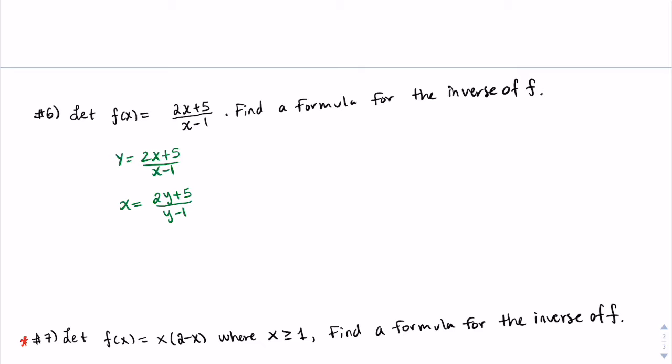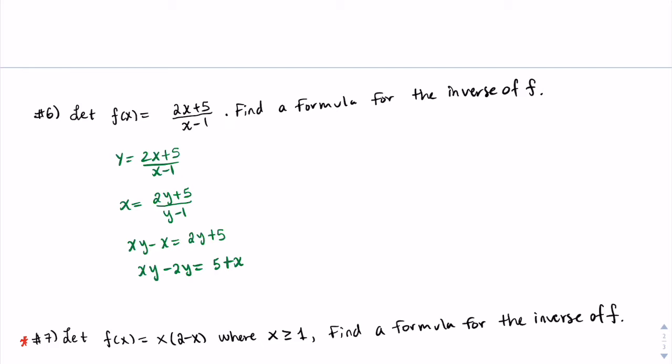Okay. So we cross multiply, and we're going to get xy minus x equals 2y plus 5, like this. And now our goal is to solve for the y variable. So if I subtract 2y on both sides and add x on both sides, I can end up with something like this. And by putting the y variables on the same side of the equation, I can now factor the y variable out.